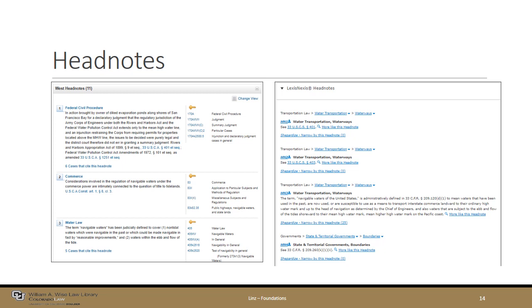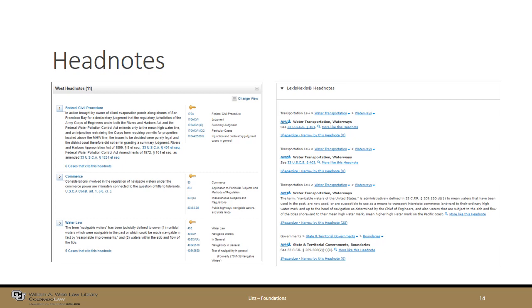In this case, you see that the first of the headnote topics is federal civil procedure, then commerce and water law. And on the Lexis case, there's something about transportation law, water transportation, and governments.